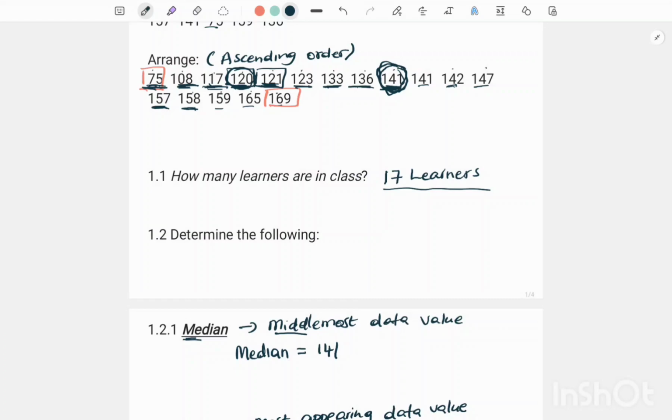I do not have that calculator on the screen, but I will make a plan to get it also. 121 plus 123 plus 133 plus 136 plus 141, 141, 142, 147 plus 157, 158, 159, 165 and 169.